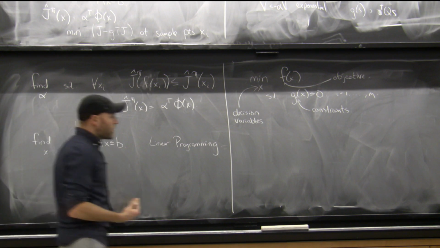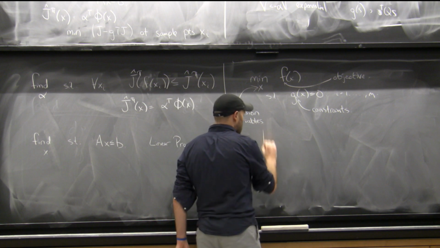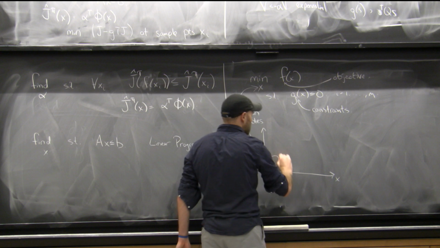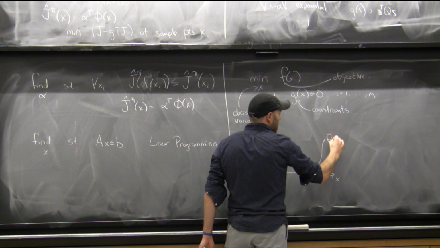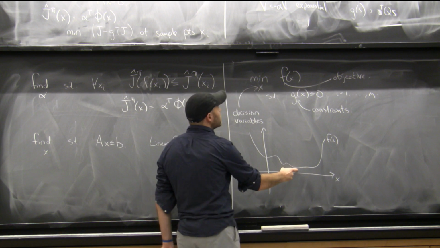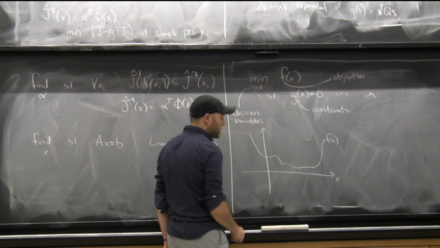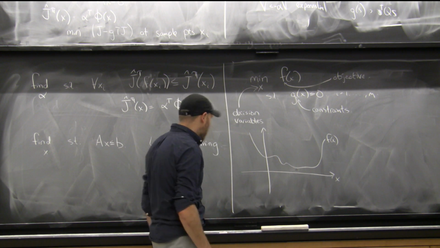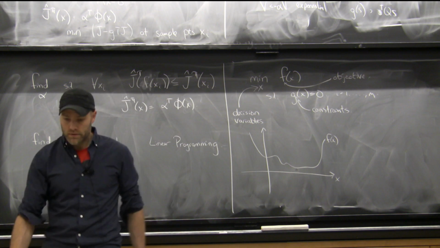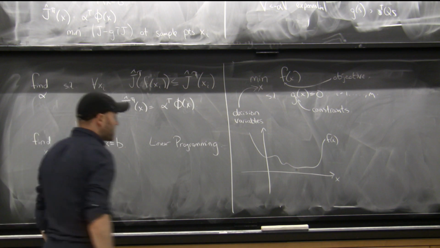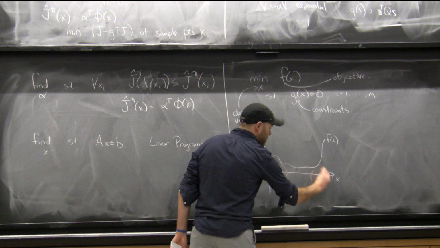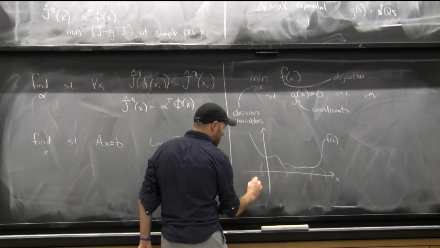Okay, so then the problem is basically what we looked at before, right? You've got some function f of x. You're trying to find the minimum of it as a function of x. You might have constraints which say, yes, I want the minimum, but I only want the minimum in some particular states. Like I care about the ones that are in this interval, and those would be my constraints.